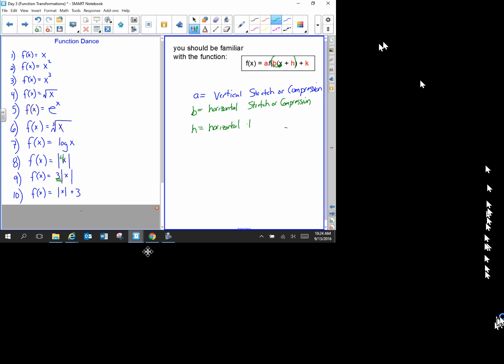When I put something inside the absolute value right there, so if I put plus 3 inside that, that's going to make us go 3 to the left. And the k value, the number on the outside, that is going to be the vertical translation.